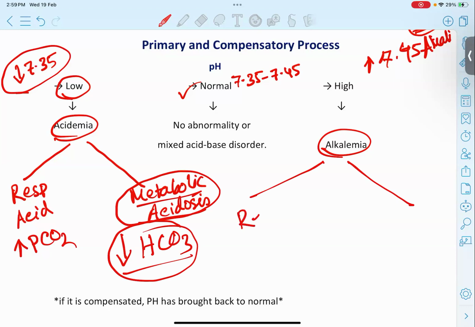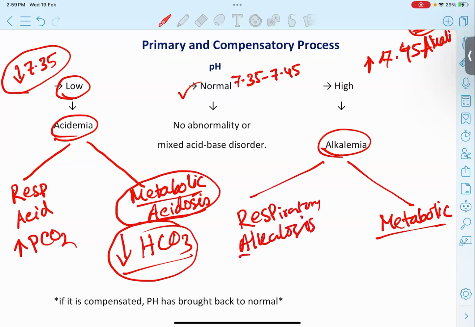Same thing will happen in the alkalemia. Alkalemia can be respiratory alkalosis or metabolic alkalosis. So when will we call it respiratory alkalosis? Respiratory means PCO2. PCO2 is an acid.